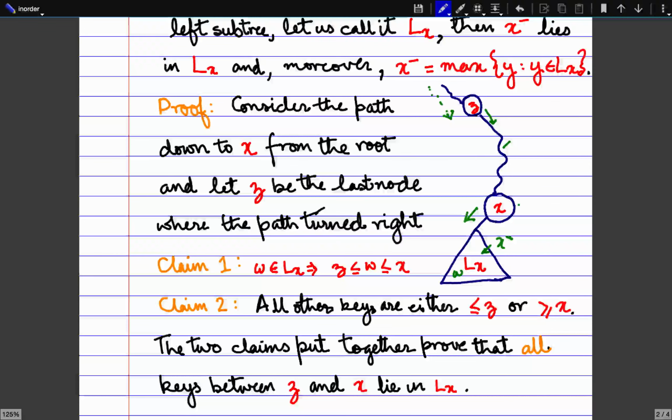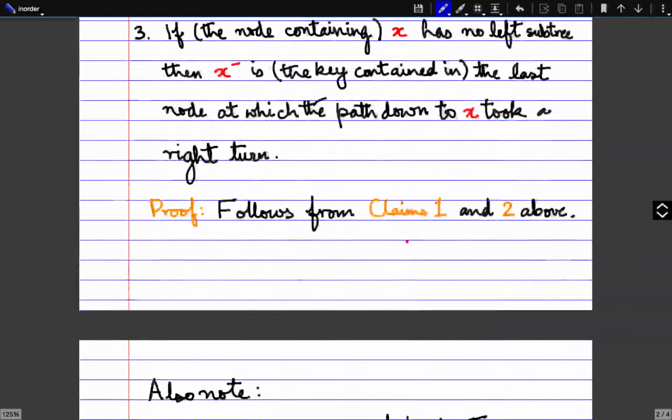So with this in mind, let us see how claim 2 is proved.